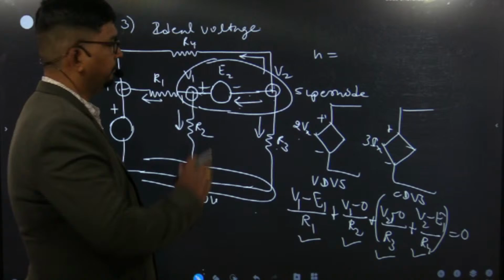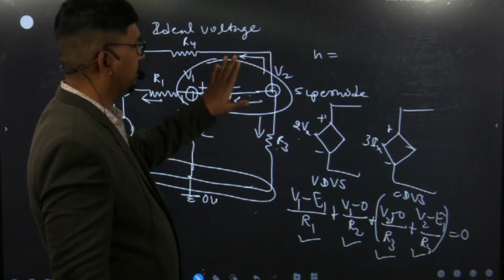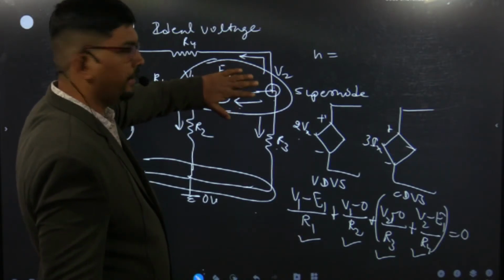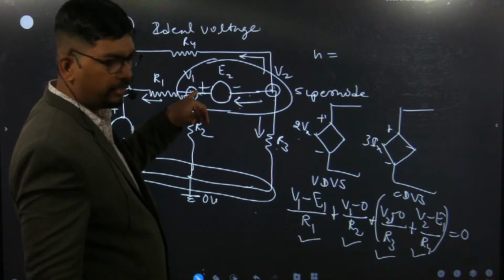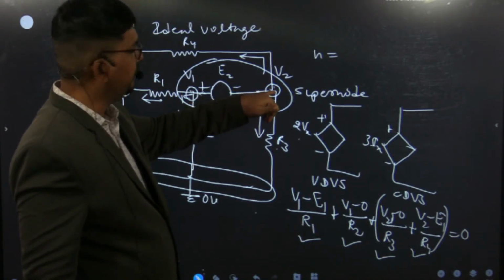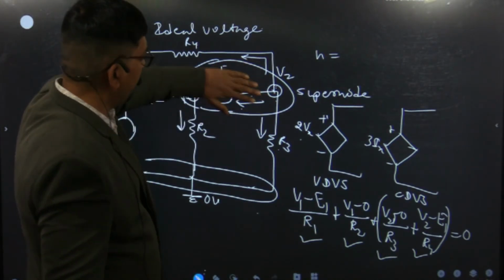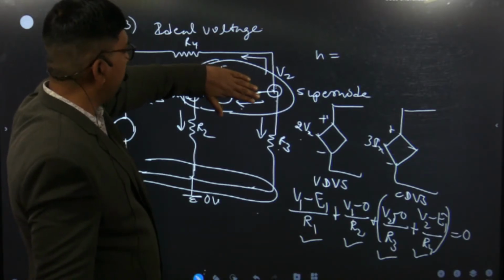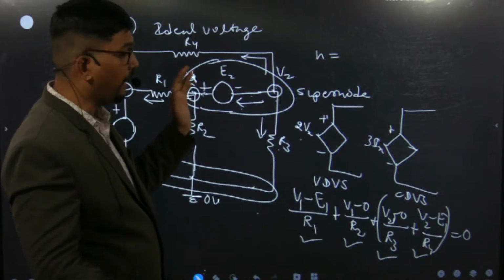For example, for this circuit, you have to forget E2. Once you forget E2, you have to find out how many elements are connected at V1. Two, that is R1 and R2. And at V2 how many elements are connected? R3 and R4, because we are forgetting E2. Then we find the current in R1, R2, R3 and R4 and add them.